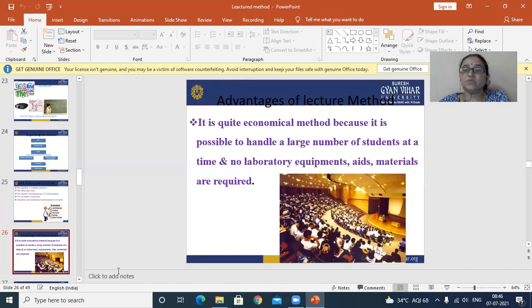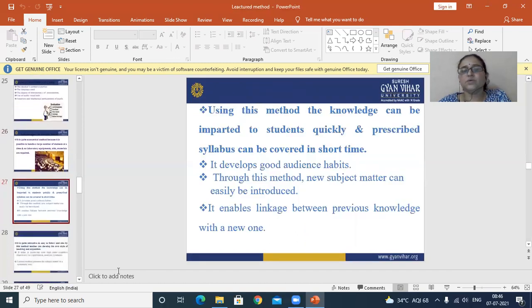So this is the best quality of lecture method because a large number of students can be handled at a time.